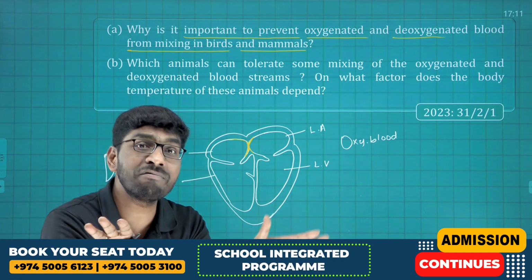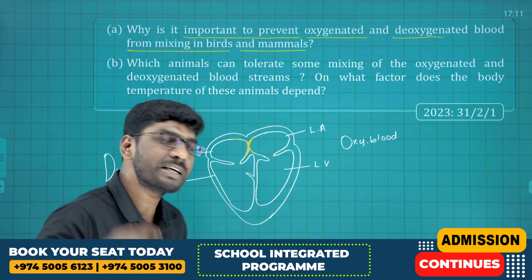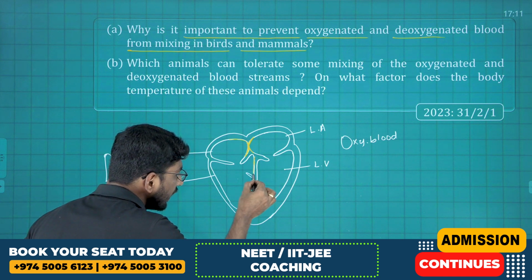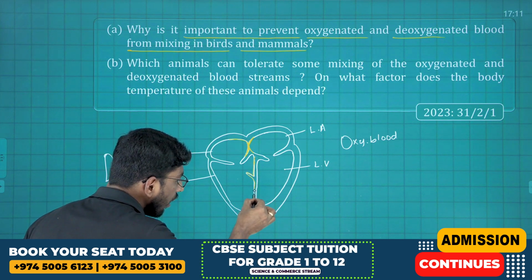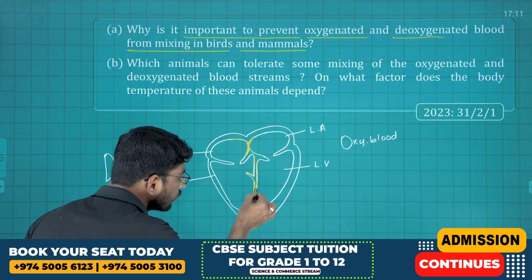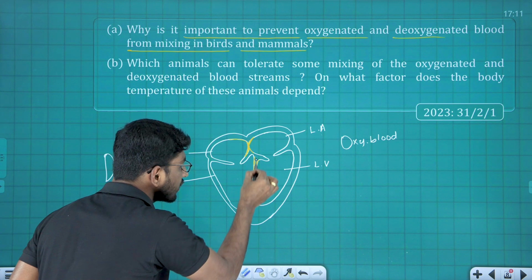This septum prevents the mixing of blood. And closely come down into the ventricles. If you look at the ventricle, this is the one called the interventricular septum. This interventricular septum is also preventing what? Mixing of blood.